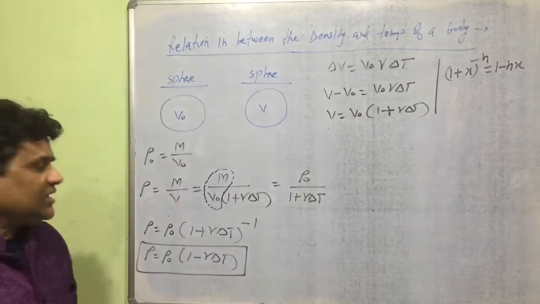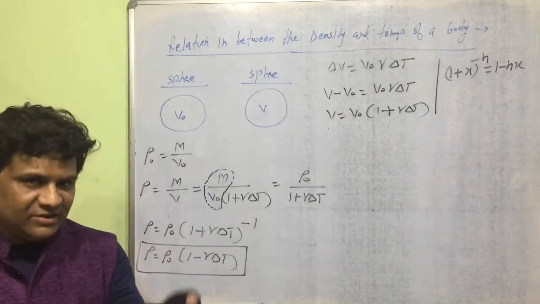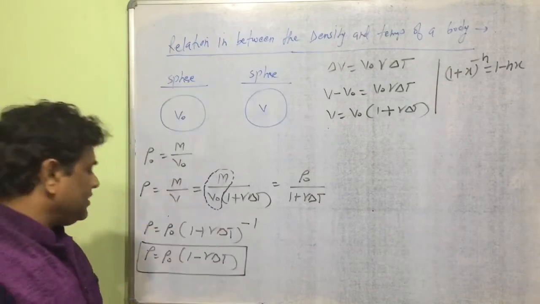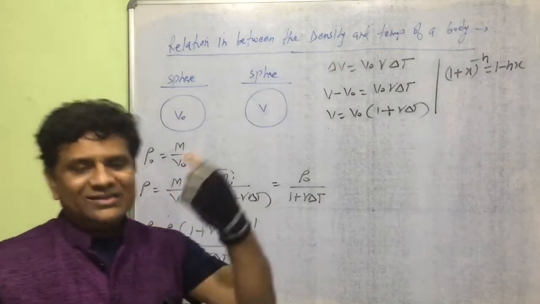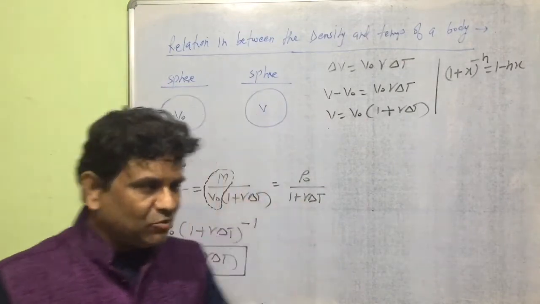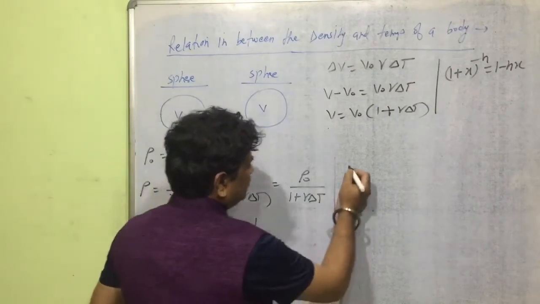Now again a question arises here: what does this negative sign mean? The negative sign represents that as temperature increases, density decreases. Now some more simplification we can do here.